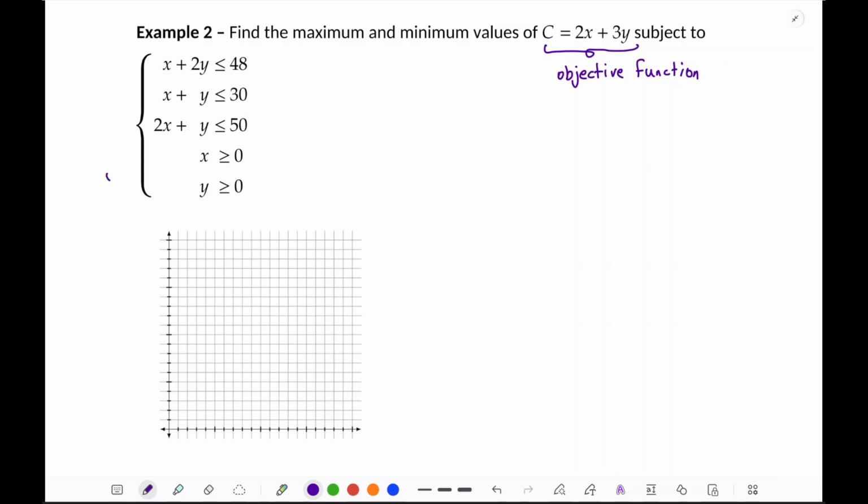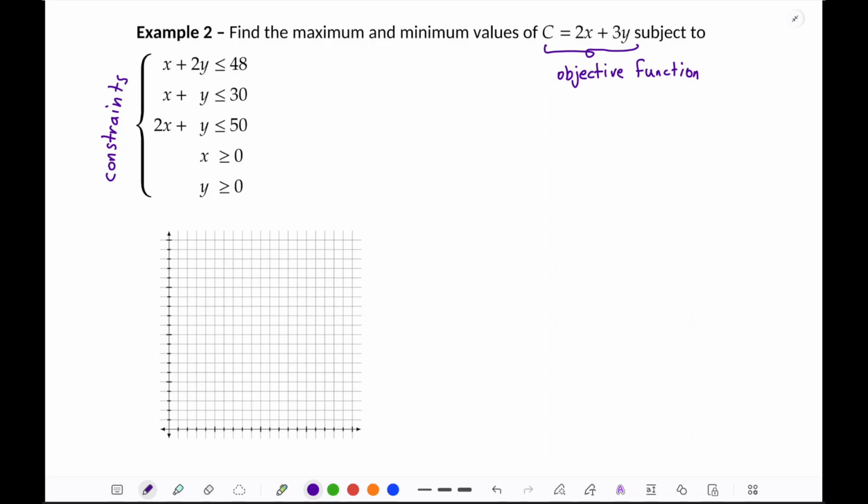These are called our constraints. We have x plus 2y is less than or equal to 48, x plus y is less than or equal to 30, 2x plus y is less than or equal to 50, x greater than or equal to 0, y greater than or equal to 0.